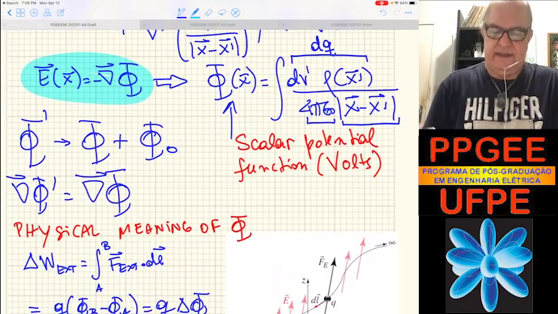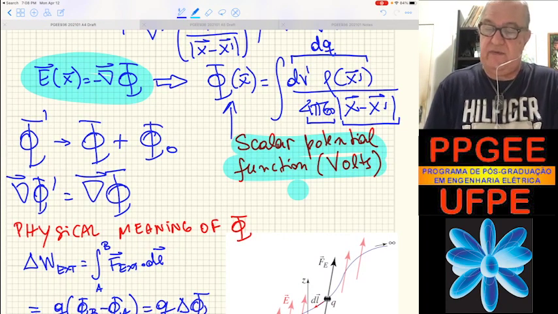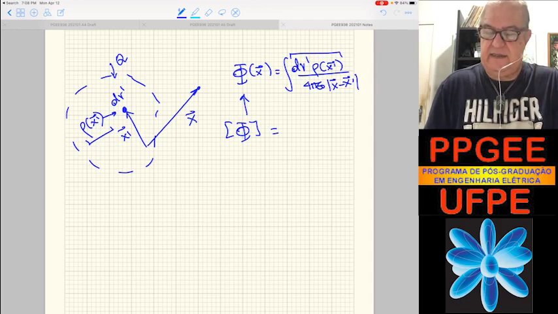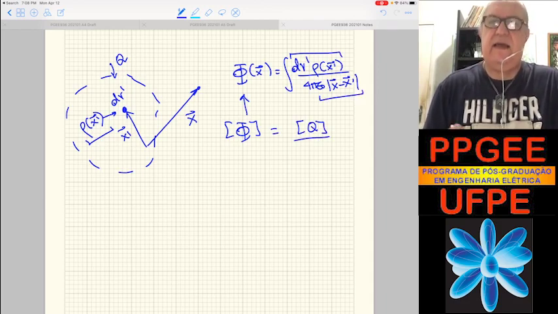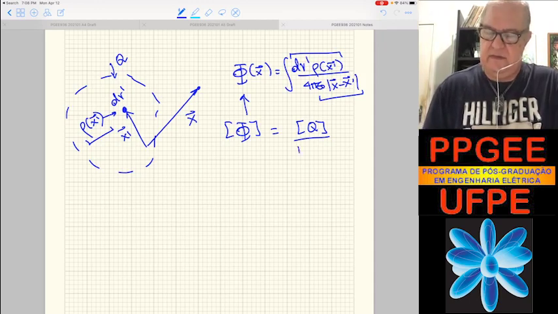We mentioned that the unit of this is volts. So if you look at the definition here, the volt, which is the unit of potential, is unit of charge divided by epsilon 0, which is farad per meter, right? Farad per length, times length.